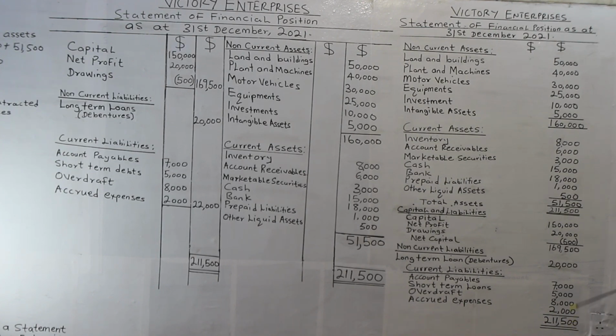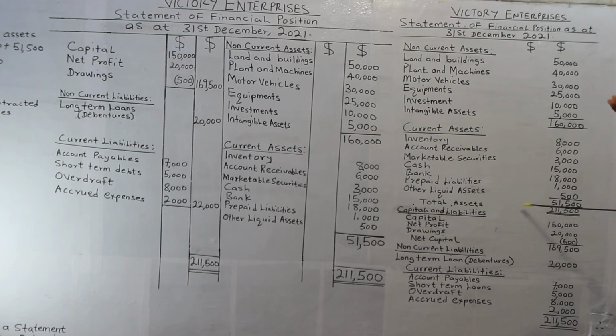From our analysis now, a statement of financial position can be defined as a statement that shows the assets of the organization and the liabilities and capital. Of course, it is a combination of the capital and the liabilities that makes up the total what? Asset.